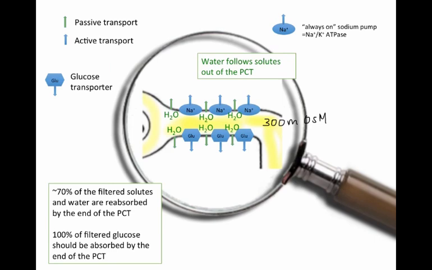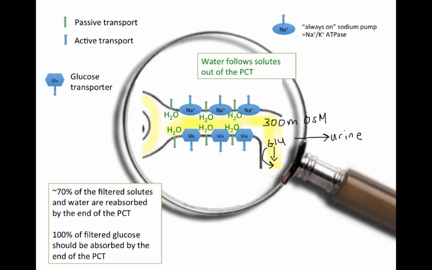If any glucose escapes the proximal tubule, for example, if you saturate those glucose transporters, then glucose will move into the descending loop of Henle and be an osmolyte in the filtrate. Because there's no other way for glucose to get out, there's no other glucose transporters anywhere along the nephron, that glucose will end up going into the urine.